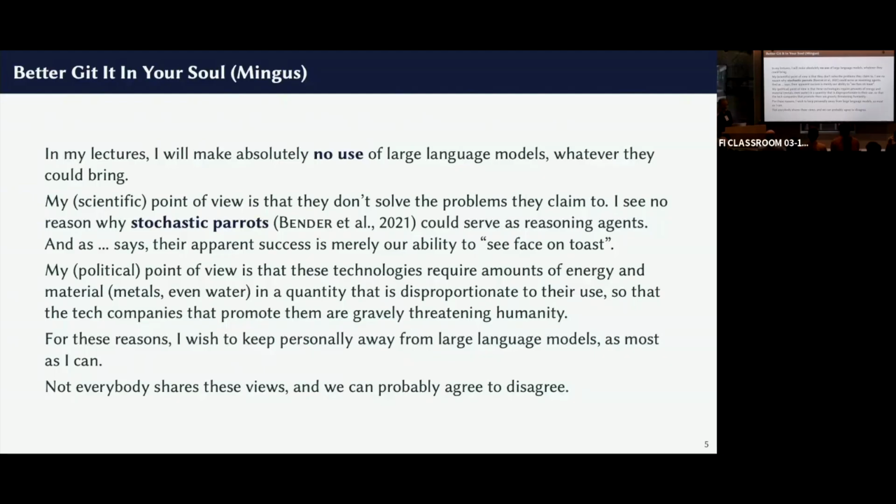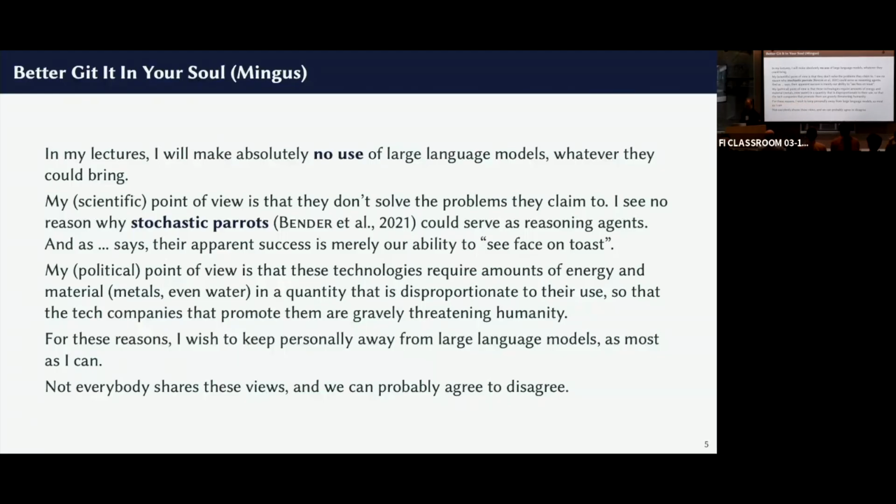And I need, as a scientist, a proof or an indication that a stochastic parrot could help for reasoning. And I don't see any such proof for the moment. And there is a computer scientist called Jason Morgan, who says that what makes them work is our ability or tendency to see faces on toast.